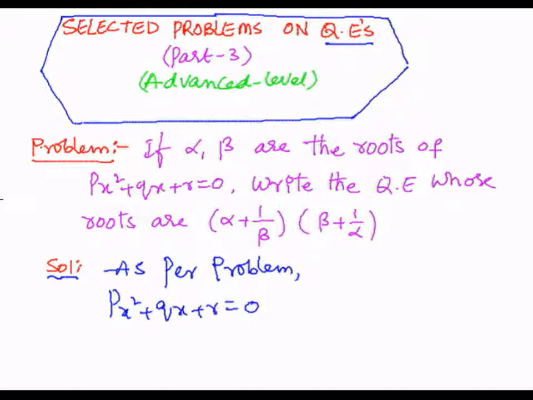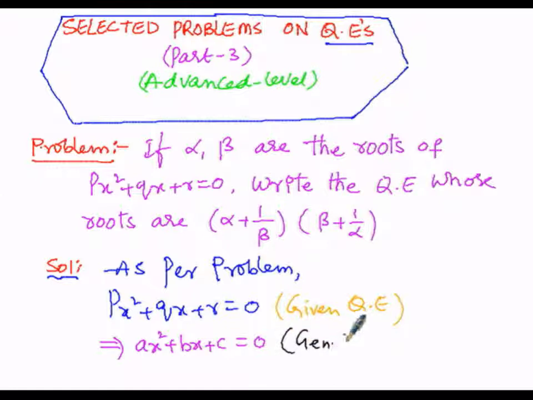Now let us compare with the general form of a quadratic equation. The general form of a quadratic equation is ax square plus bx plus c equals to 0.